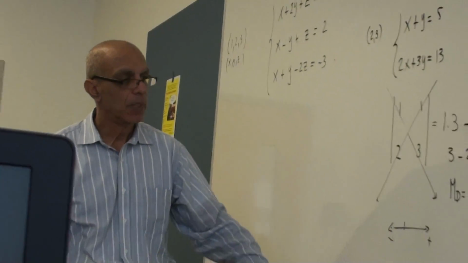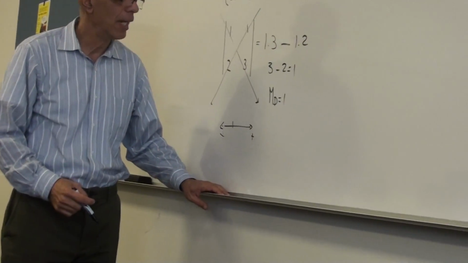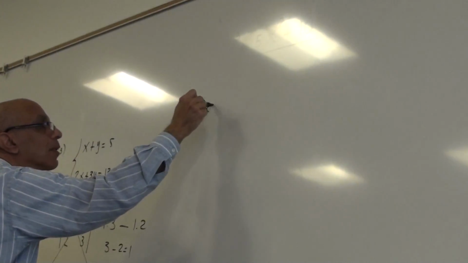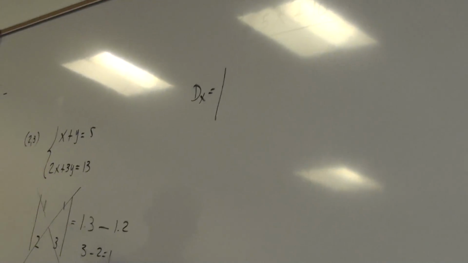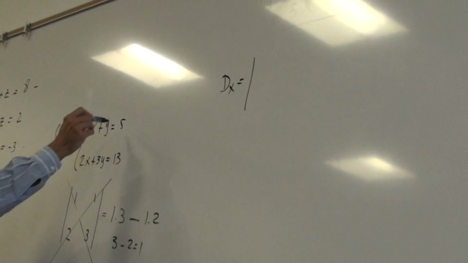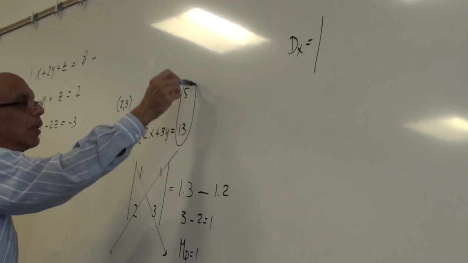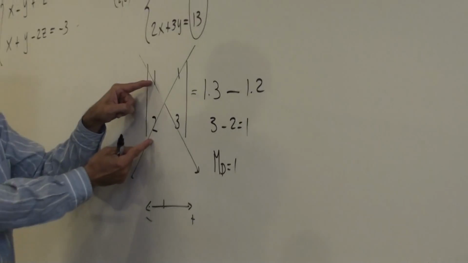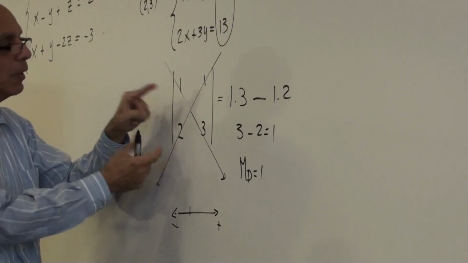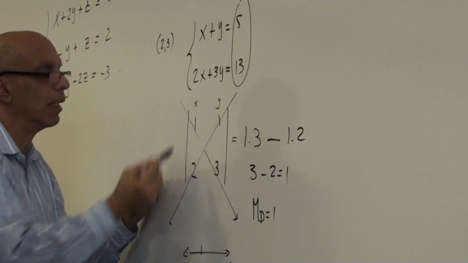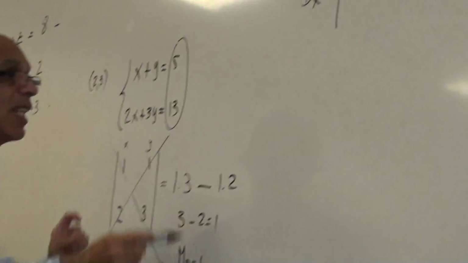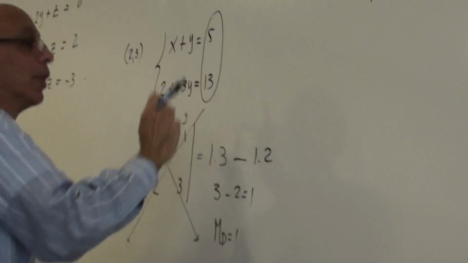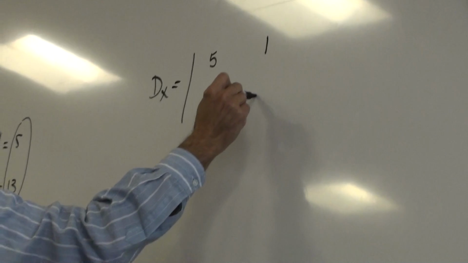Now, in order to calculate the value of x, we need to build a different matrix, what is called the dx matrix. Okay? You're going to build the dx matrix by picking these numbers, 5 and 13, and substituting the first column. This is the x column, this is the y column. So if I want to calculate the dx, I need to substitute that column by these two numbers and repeat the other one.